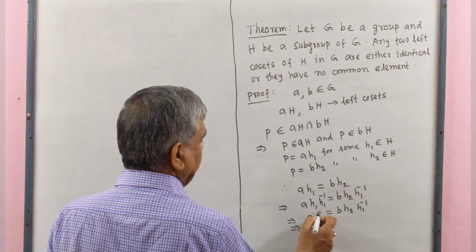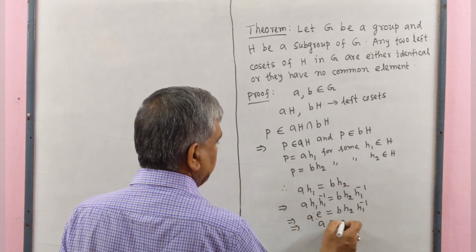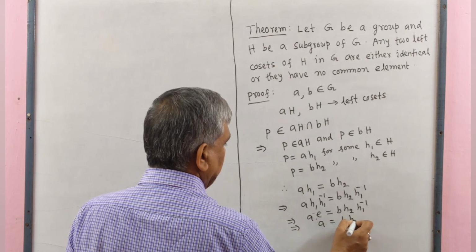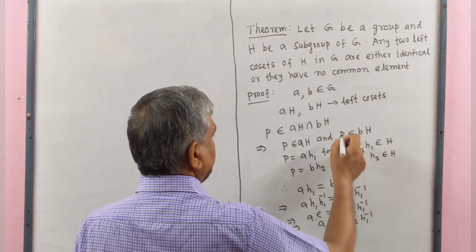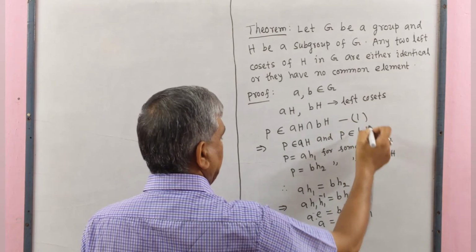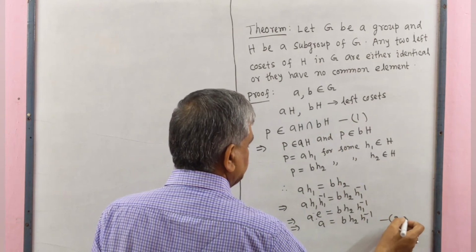Implies that a identity element means a equal to bh2h1 inverse. This is number 1, this is number 2.